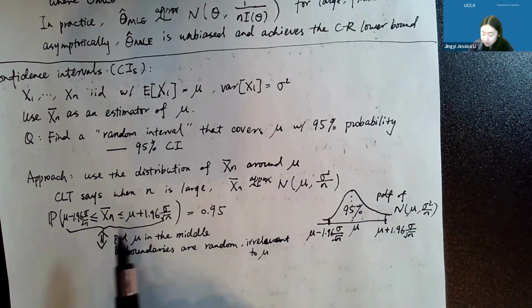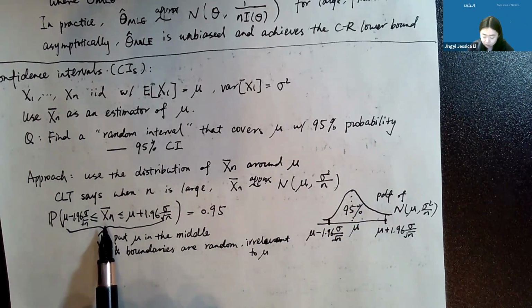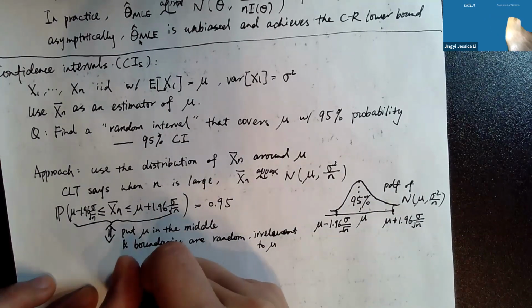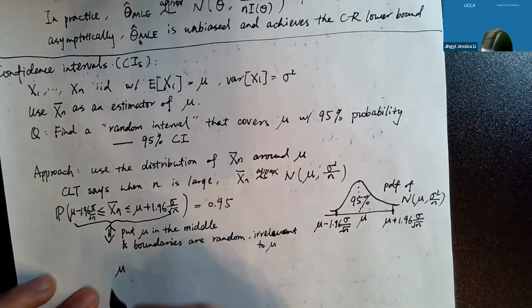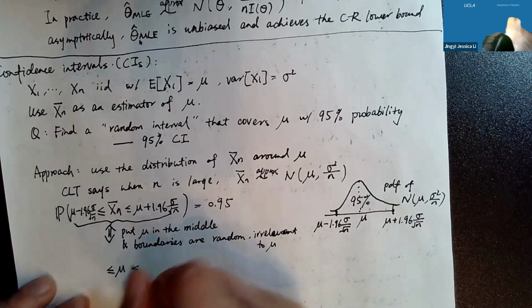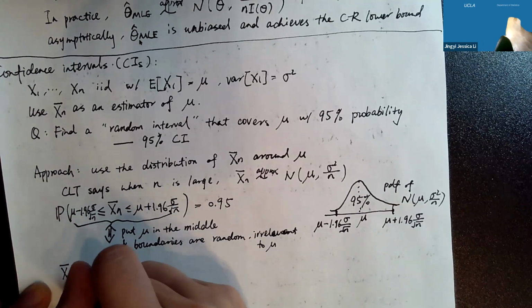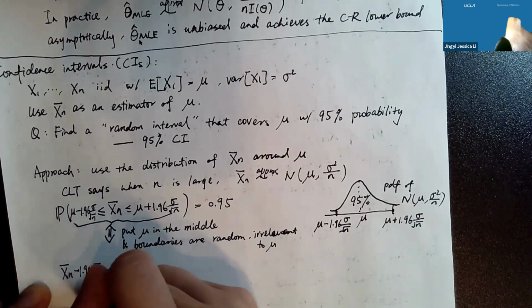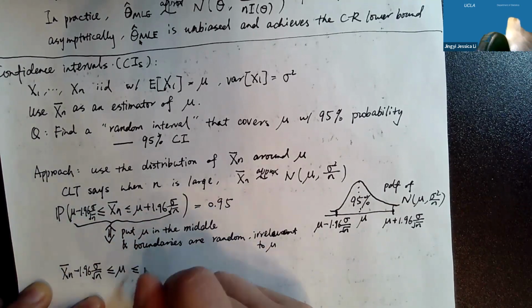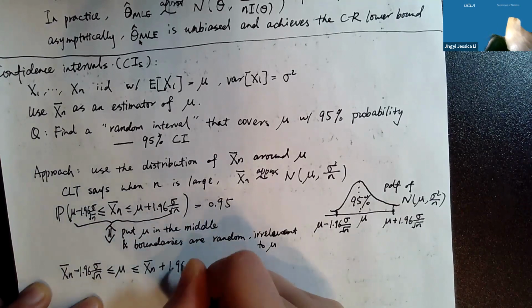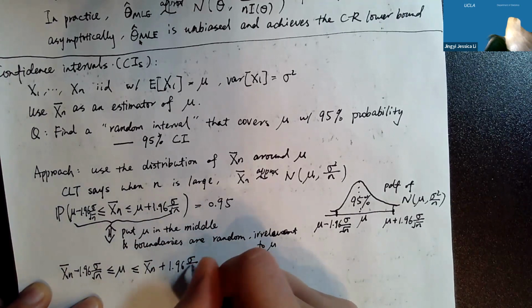To solve that, you just need to find a way to move mu to the center with boundaries not involving mu. We can show that this is equivalent to saying mu is greater than or equal to X_n bar minus 1.96 sigma over root n, and less than or equal to X_n bar plus 1.96 sigma over root n.